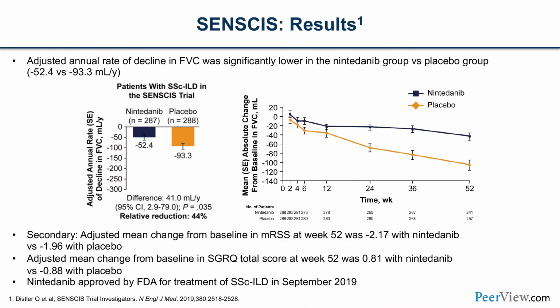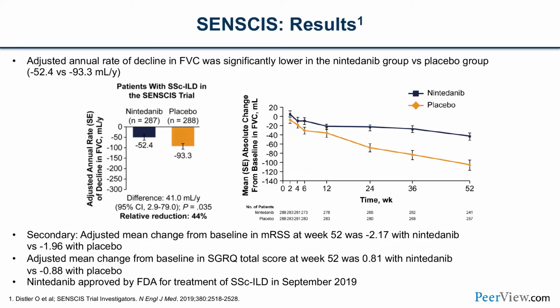Let's look at the data from the SENSCIS trial that ultimately led to FDA approval for the treatment of systemic sclerosis ILD in September of 2019. Nintedanib was compared to placebo in patients with SSc-ILD, and the adjusted annual rate of decline in FVC in mils per year was much less in the Nintedanib group than the placebo group, with a relative reduction of 44%.